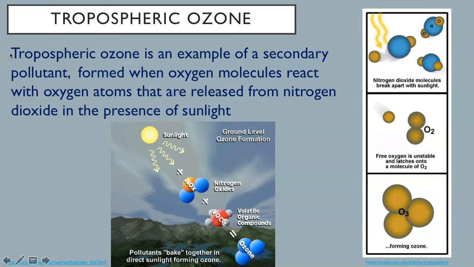Tropospheric ozone is an example of a secondary pollutant formed when oxygen molecules react with oxygen atoms, remember, oxygen atoms, that are released from nitrogen dioxide in the presence of sunlight. Like I mentioned, volatile organic compounds also contribute to the formation of ozone. Essentially, these primary pollutants, nitrogen oxides and volatile organic compounds, bake together in direct sunlight to form ozone.